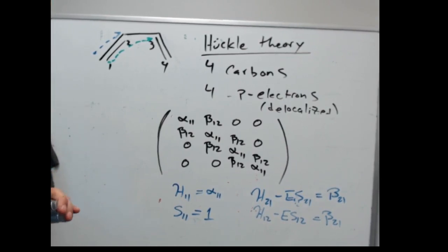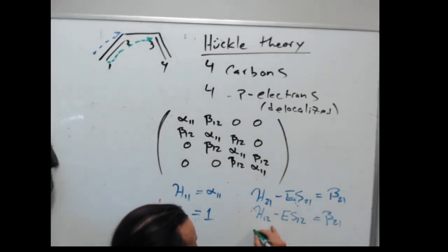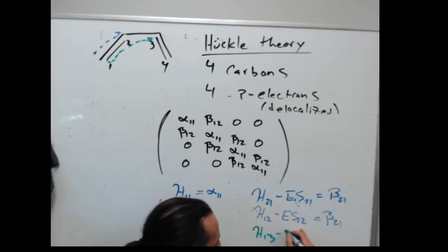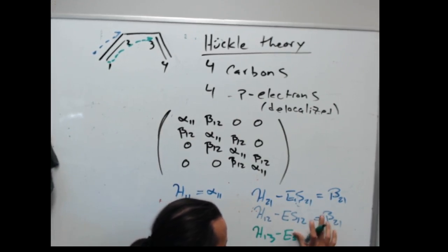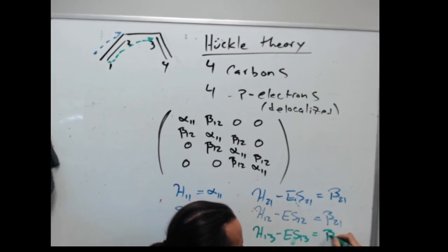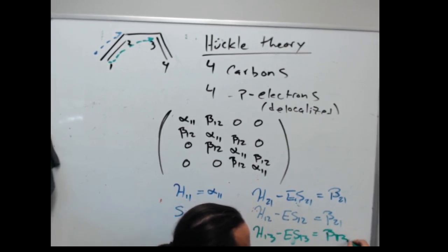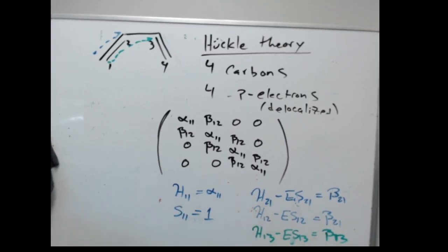Now in your coding assignment, it's like, oh ho ho, it's not actually 0. There's actually some other term for the H13 minus S13. Right, there's going to be some beta for that electron going from the carbon 1 over to carbon 3.